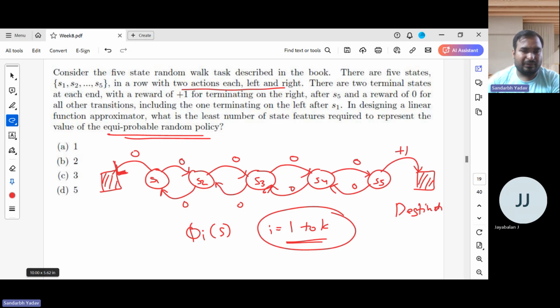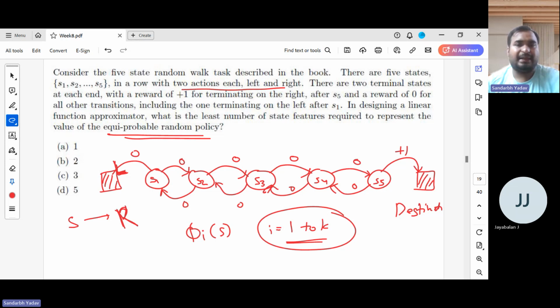We want a mapping from state to the value function, which will be a real value, and we want to know how many of these k are sufficient for that.